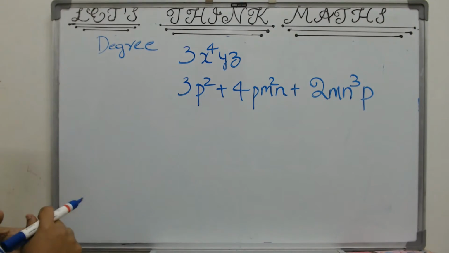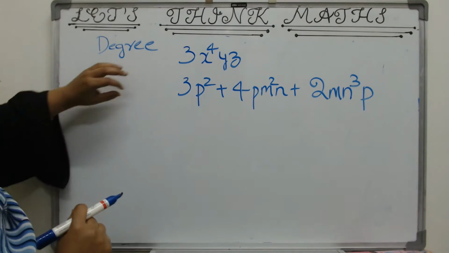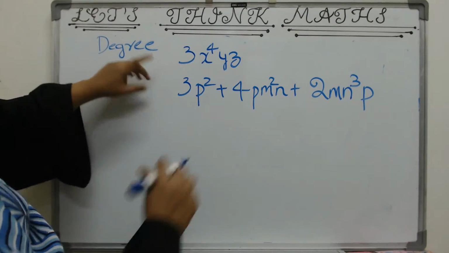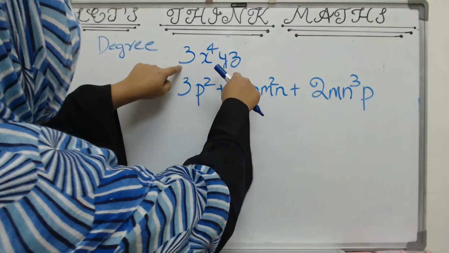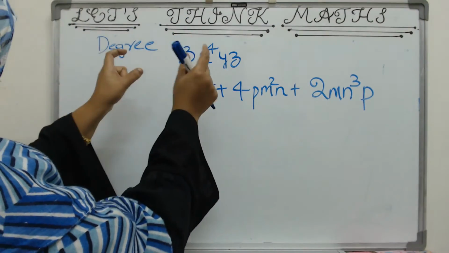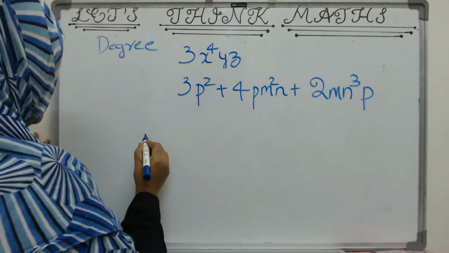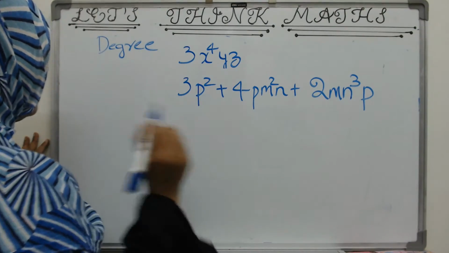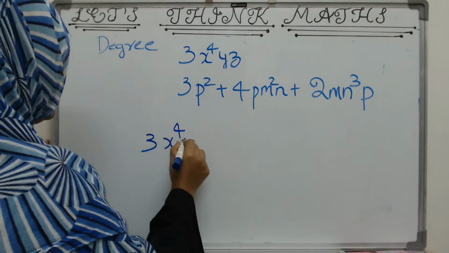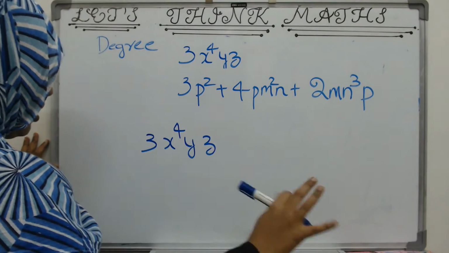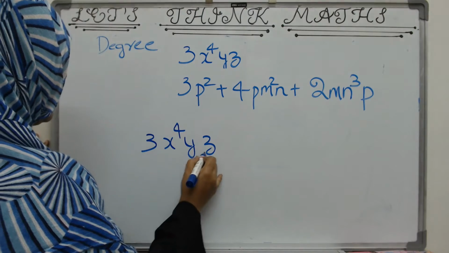Before we go to that, we have to learn the concept of something called a degree. The degree of a polynomial, if you consider a single monomial, the degree of this monomial is the sum of the powers of its variables. Now look at this. How many variables does this have? This is an algebraic expression in 3 variables. What are those variables? x, y and z.